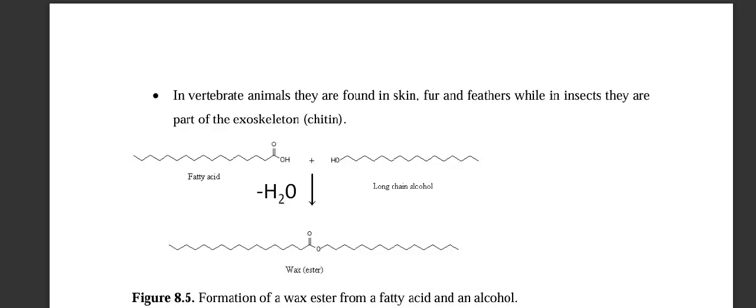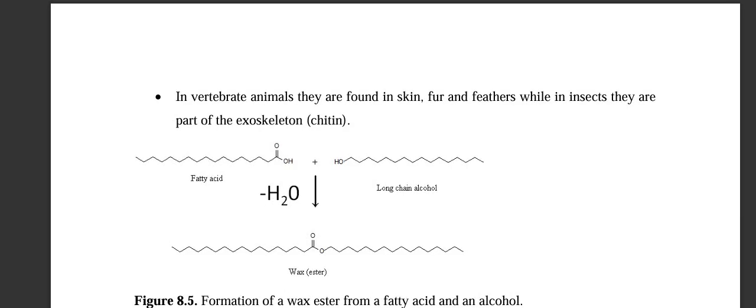We only show oxygen atoms and hydrogen atoms when they are bonded to oxygen, like in this hydroxyl. So one hydroxyl here and one hydrogen there, producing the water. Then the ester bond is created. This is the ester bond that is created, and these are very big.